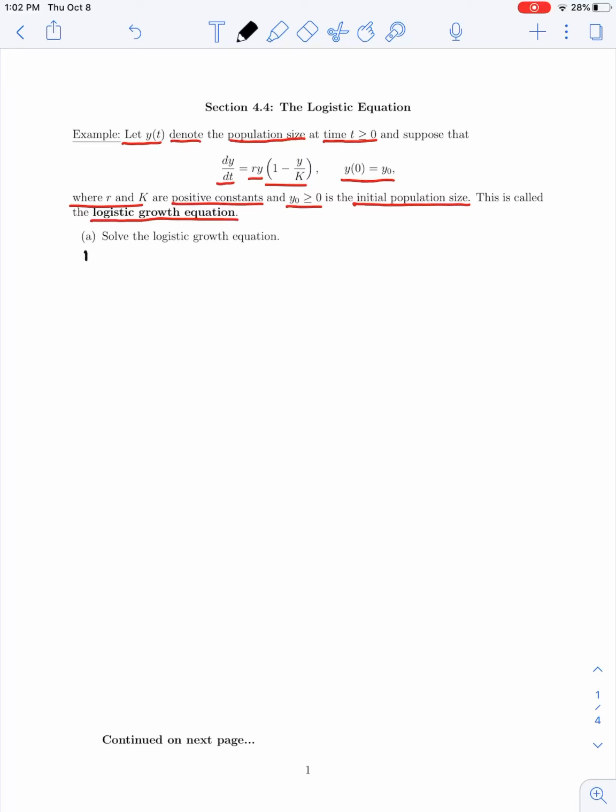If I move everything involving y to the left-hand side of the equation with the differential dy, I have dy over y times 1 minus y over k. And if I move everything else that is not involving the variable y to the right-hand side of the equation, I've got r times dt.